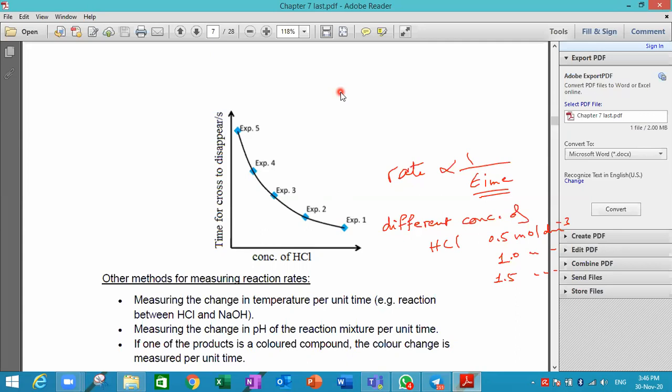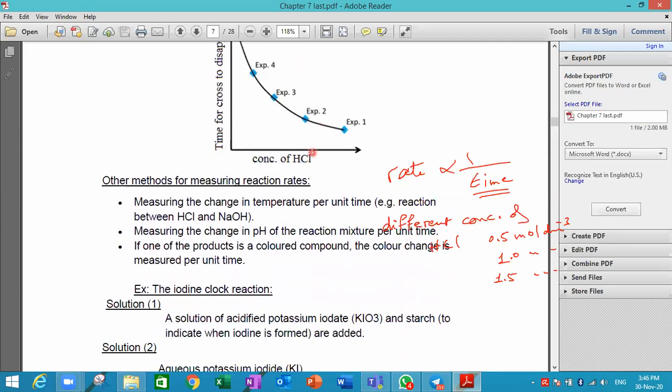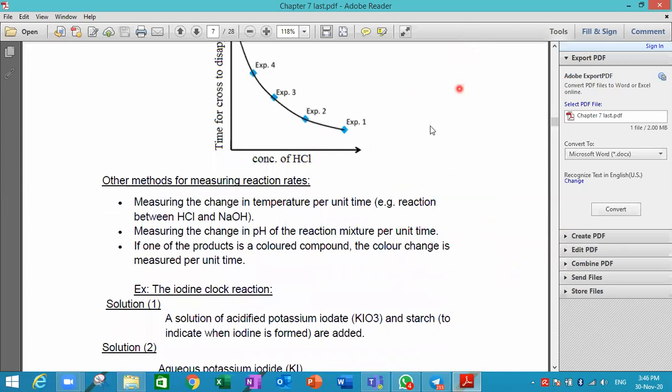There are, of course, other methods to measure the rates of reactions depending on the reaction itself. For example, if we are making a reaction between hydrochloric acid and sodium hydroxide, then we can measure the change in temperature per time.